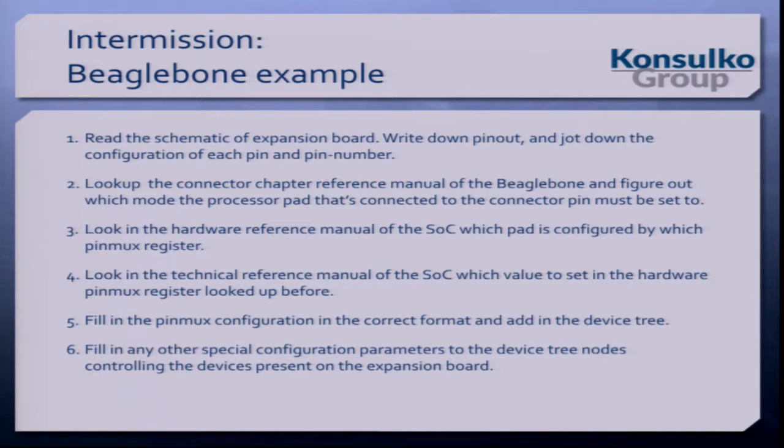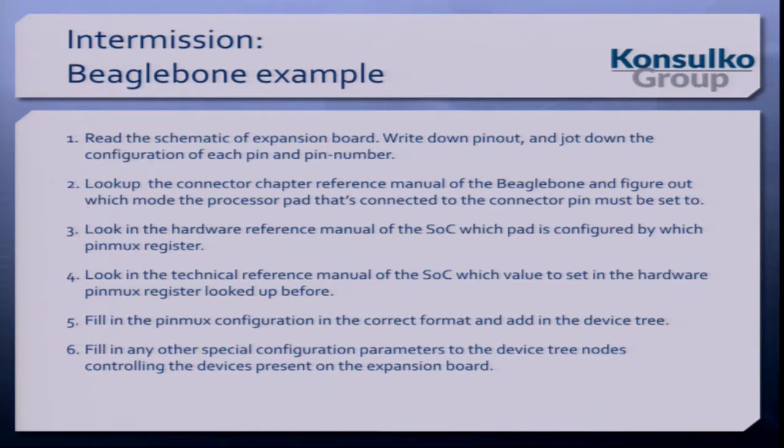So if any of you have worked with the BeagleBone, you know all about those steps. The BeagleBone is a very common open source development board, and it has a pretty complicated pin muxing configuration. So you have to read the schematic of the expansion board. You have to write down the pinout, the configuration of each and every pin.